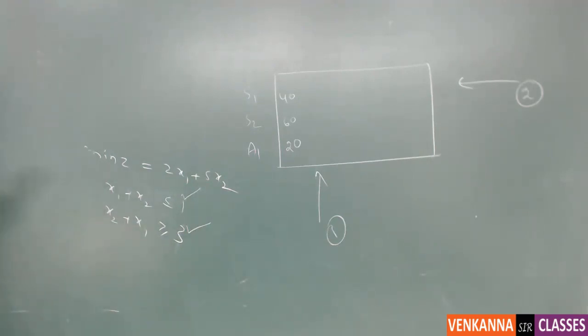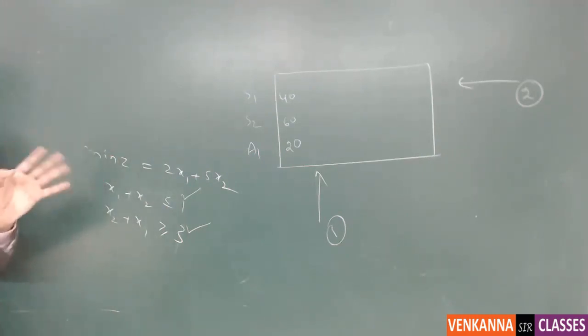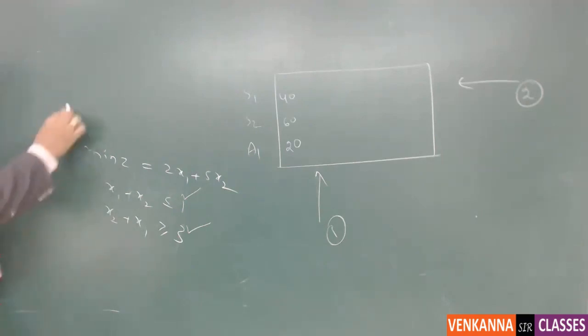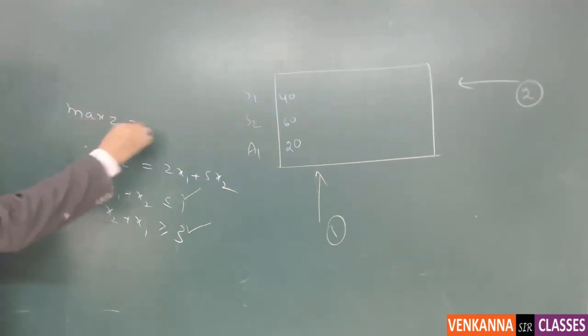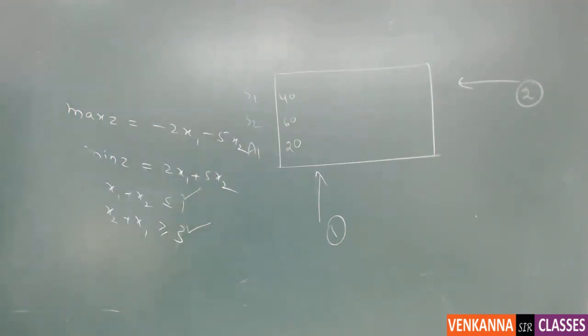The dual simplex method says that you take the objective function; dual simplex is applied for the minimization problem in general. You convert the maximization by multiplying the objective function with -1, so it becomes maximize z as minus 2x1 minus 5x2. Then for maximization, all the inequalities must be less than or equal to type.